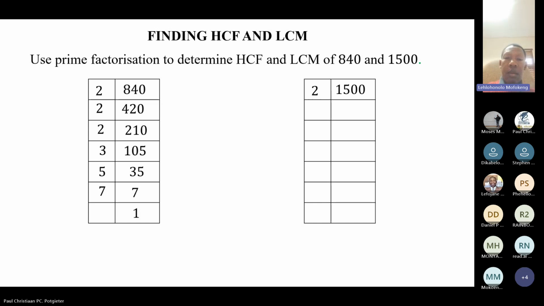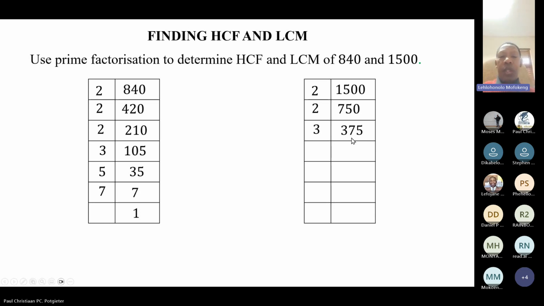And then moving to the next number, which is 1500. The first prime number to divide is 2, and it will go 750 times. 2 still goes into 750, and it will go 375 times. 2 no more divides into 375 without leaving a remainder.